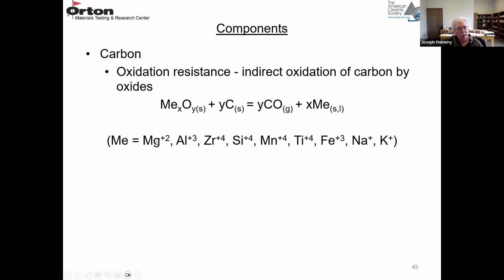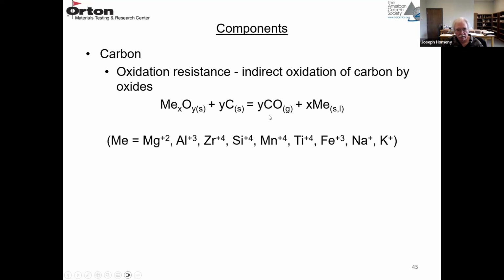But your metal cation in the oxide form plus carbon forms carbon monoxide plus the metallic form of the metal. So any of these ions, Mg, Al, Zr, Si, Mn, Ti, Fe, will react with carbon, form carbon monoxide plus the metal.